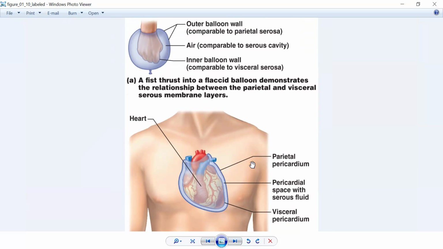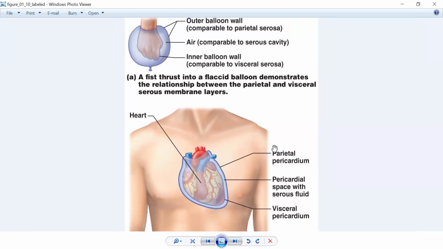They also allow blood vessels and nerves to enter and exit the organ, and may provide lubrication as well. So these membranes around your organs, in general, are called serous membranes. Serous is singular. If it's more than one, you refer to them as serosa membranes. Serosa is plural, more than one.